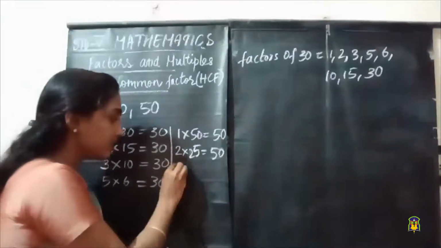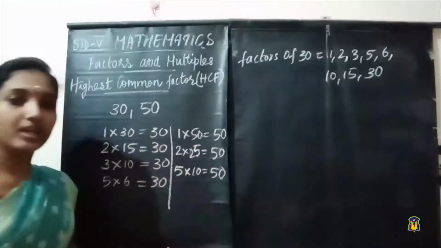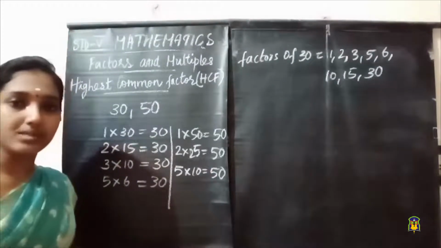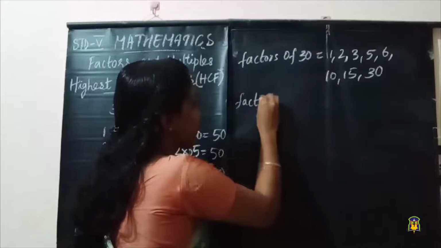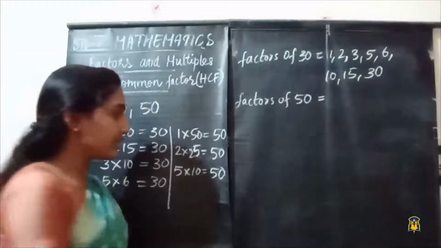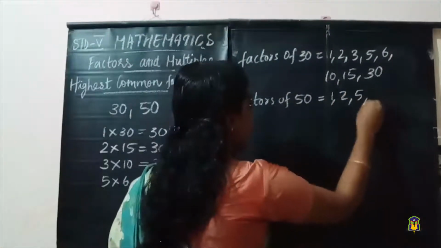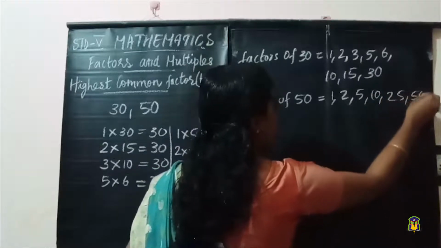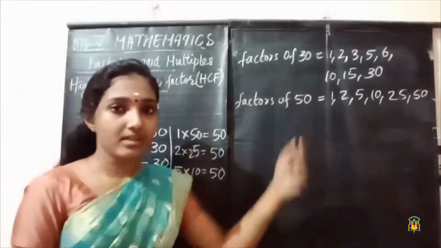Then 5 into 10 gives 50. Right. So these numbers give the product 50. So the factors of 50 are 1, 2, 5, 10, 25 and 50. These are the factors of 50.